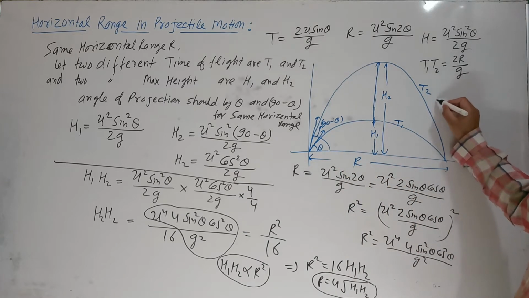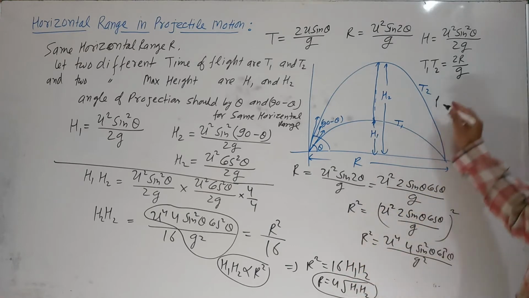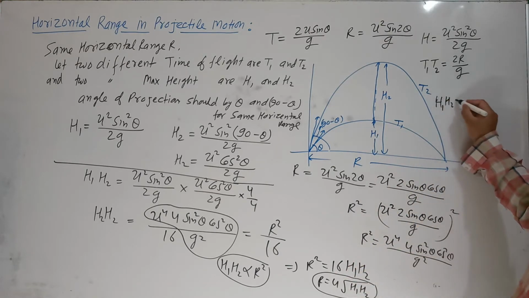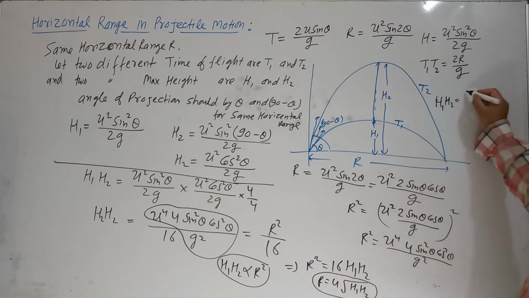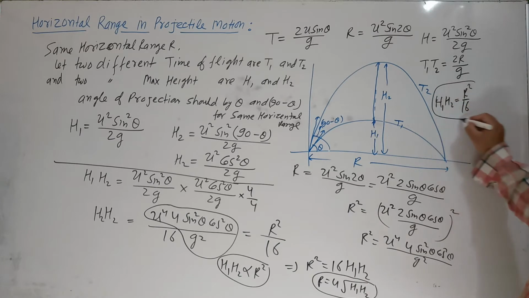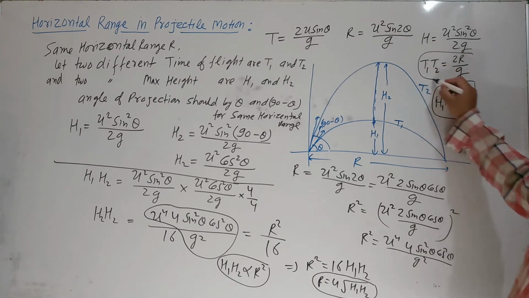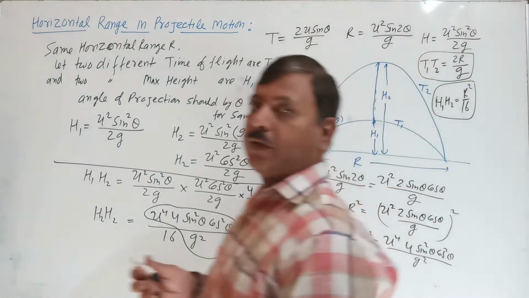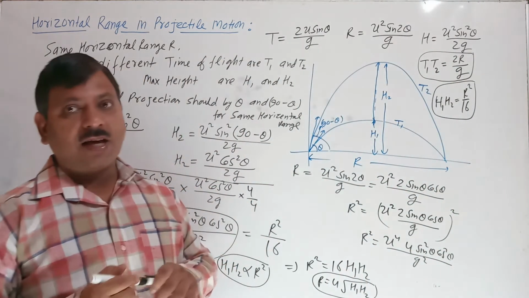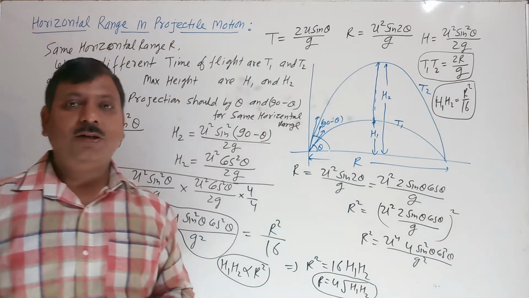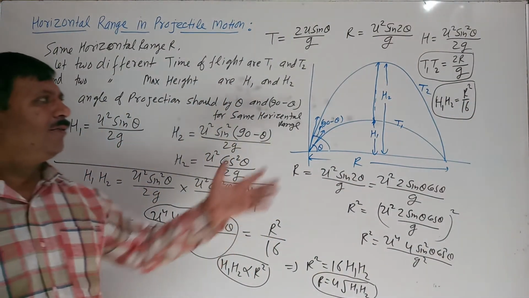What you have seen: H1 H2 is equal to R square upon 16, and T1 T2 is equal to 2R upon g. The result you have found is T1 T2 is directly proportional to R, H1 H2 is directly proportional to R square. This is a very important relation.